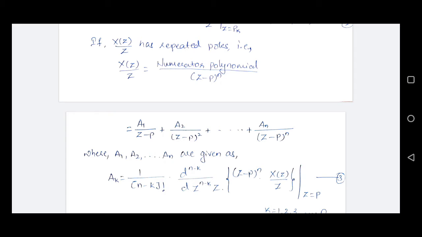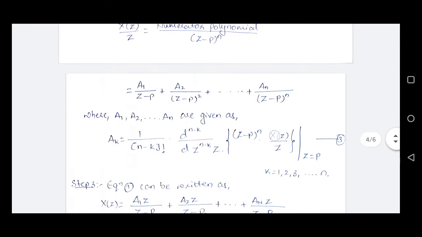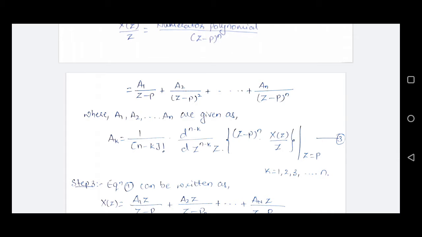In that case, the partial fraction expansion form will be A1, the residue, divided by z minus p, plus A2 divided by (z minus p) squared, and so on up to A_n divided by (z minus p) to the power n.